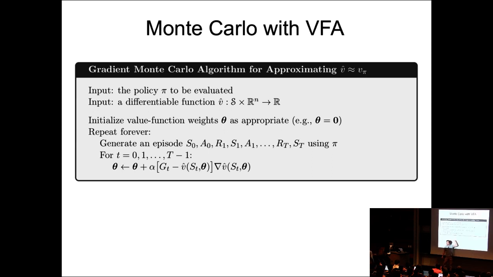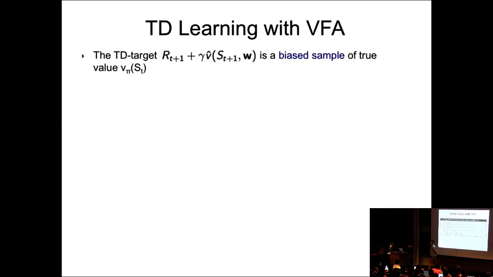That's the derivative with respect to parameters theta. And you just generate a new episode, update the parameters, generate a new episode, update the parameters, and such. And obviously, you can update the parameters as you go from t-1 to 0, because you're visiting all of these states, you might as well update them because you have them.